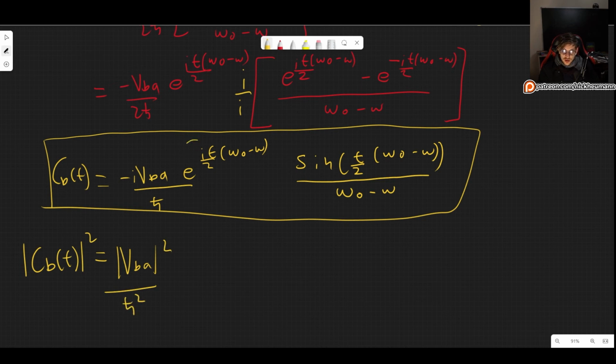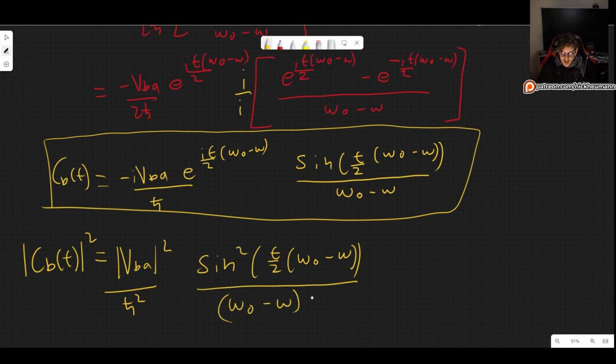The modulus of the complex exponent is 1, so no need to worry about that. Then we have the sine, so that is going to be sine squared of t over 2 (omega 0 minus omega). And then we have (omega 0 minus omega) squared.